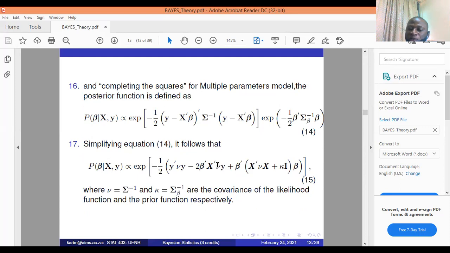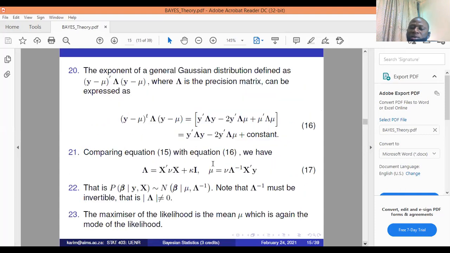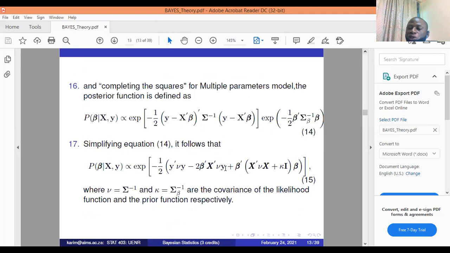The variance covariance matrix and Y. So our variance covariance matrix, the one I've highlighted here, and the mean, they are equal to the X transpose variance covariance matrix and the Y.